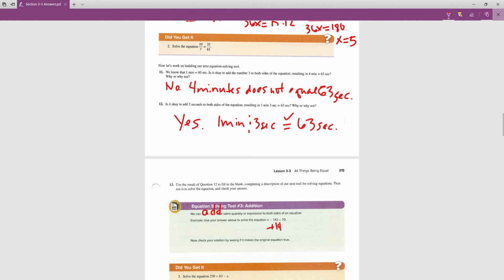So if I add 142 to the left side and 142 to the right side, negative 142 plus 142 will become 0, and I'll be left with just x on the left side. And on the right side, I'll have 142 plus 70, which is 212. And so 142 plus 70 is 212, so that means 212 minus 142 is 70. So that is true.